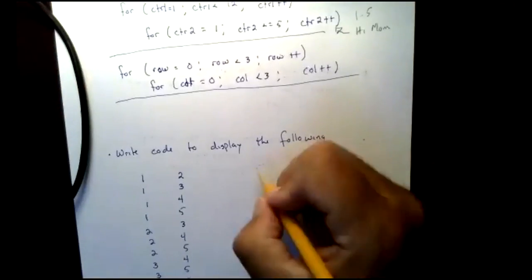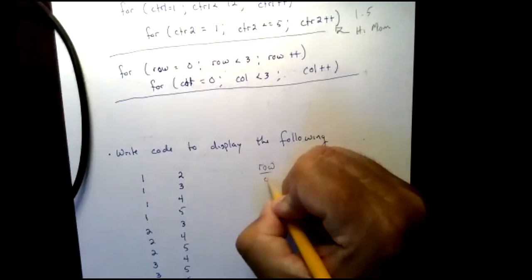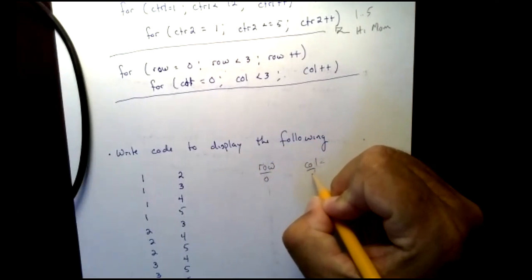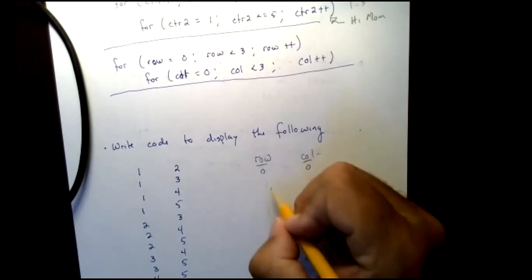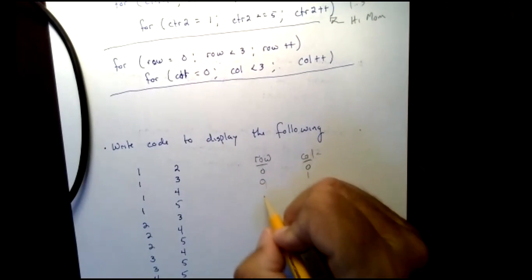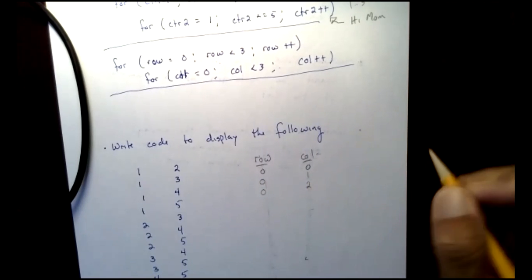So now row is going to be 0, column is going to be 0. Row is going to be 0, column will be 1, row will be 0, column will be 2.